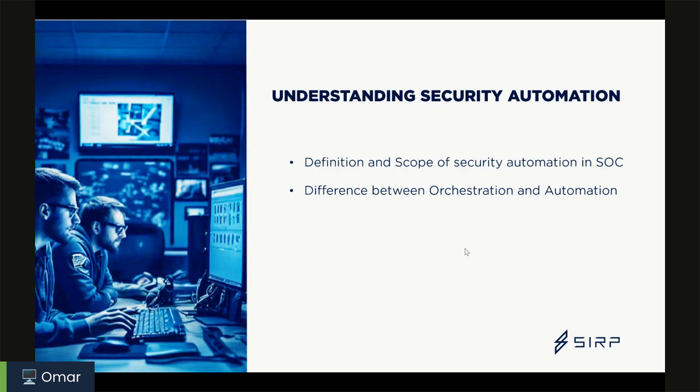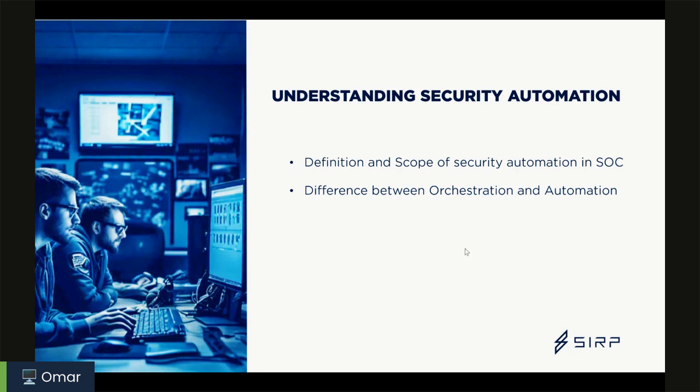Now let's look at the definition of security automation and what its scope is in a SOC. Security automation uses technology to perform tasks with minimal human intervention. For example, in this context, detecting, investigating, and responding to cyber threats, this is what we will be automating.